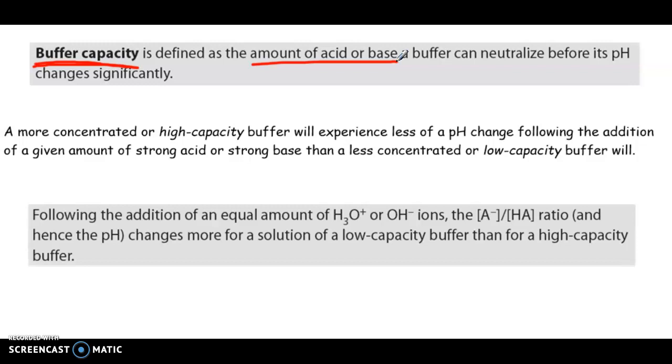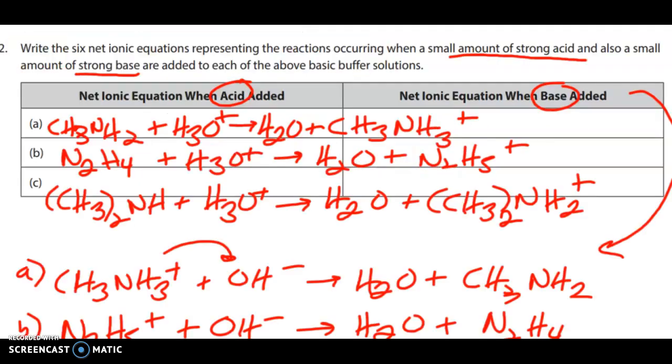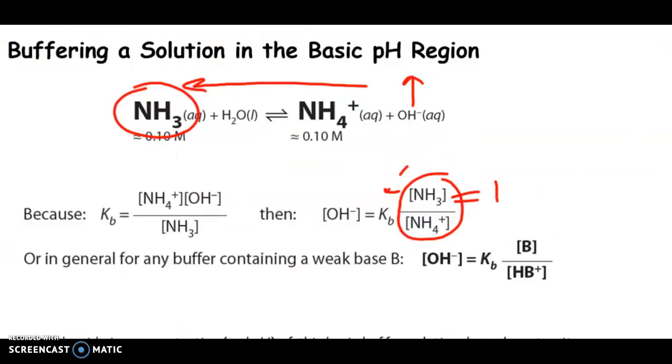A more concentrated, high capacity buffer will experience less of a pH change when adding a strong acid or base. This should make sense. Let's go back to something like this.